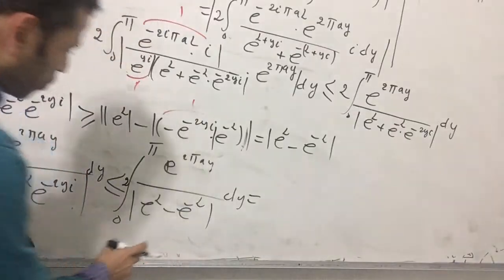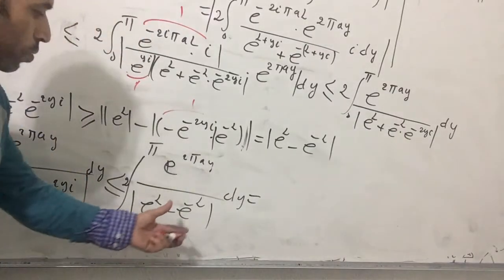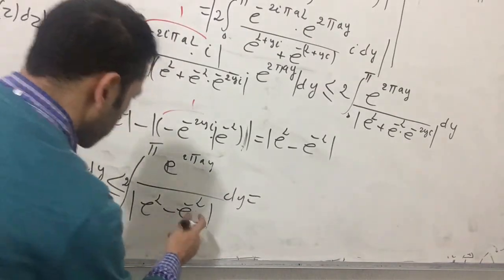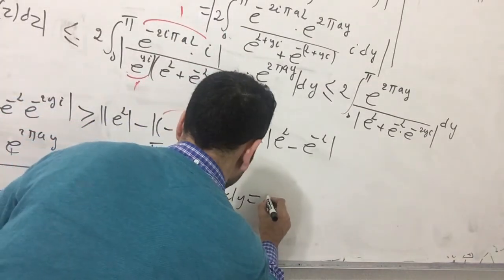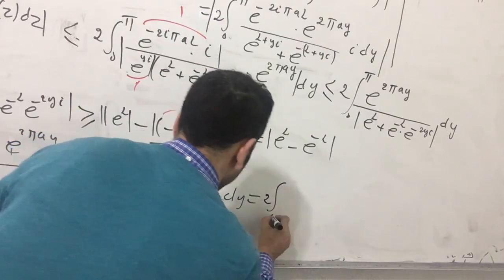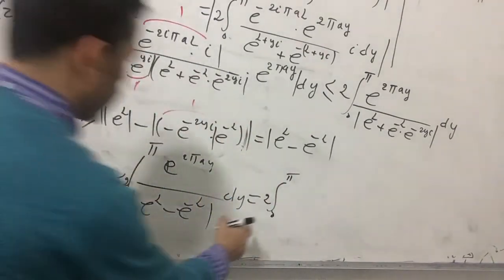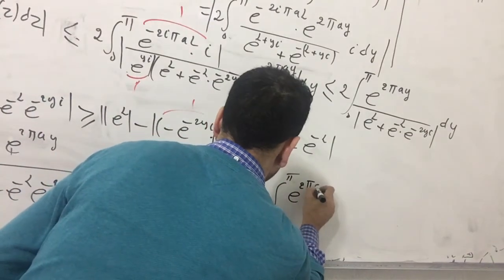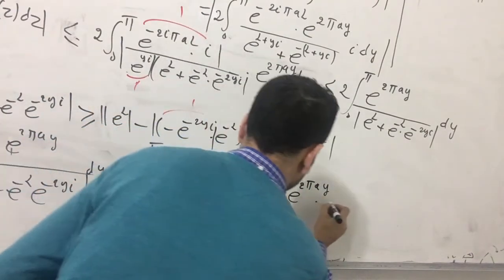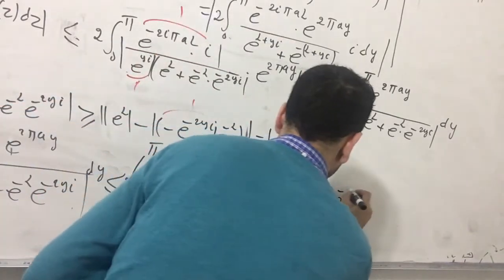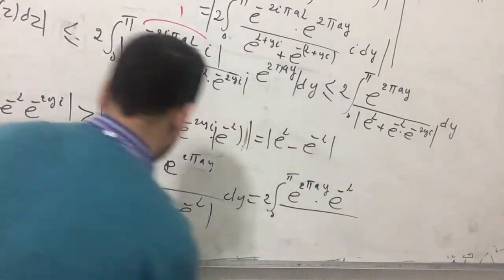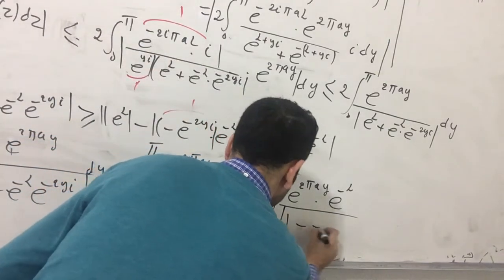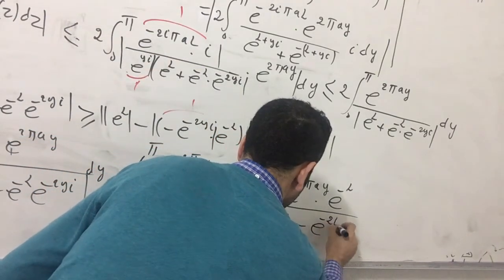I'm going to multiply numerator and denominator by e to the minus L. So we'll have the integral from 0 to pi, 2 times of this integral. We will have e to pi a y multiplied by e to the minus L over 1 minus e to the minus 2 times L.